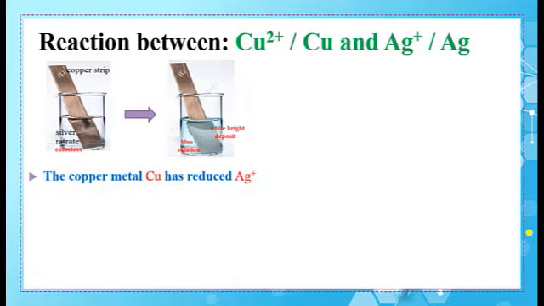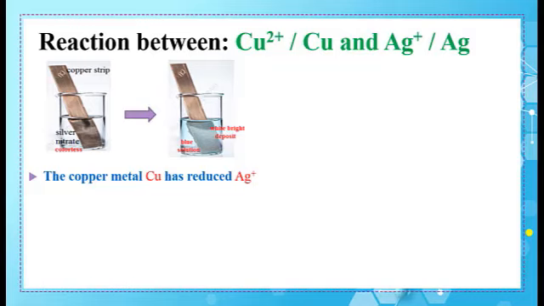When we dipped a copper strip Cu in a silver nitrate solution, which contains silver ions Ag+, a redox reaction took place.